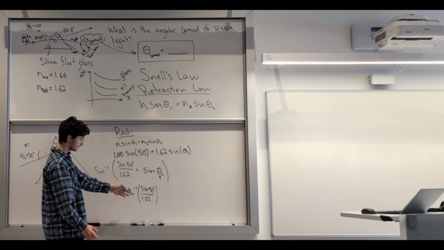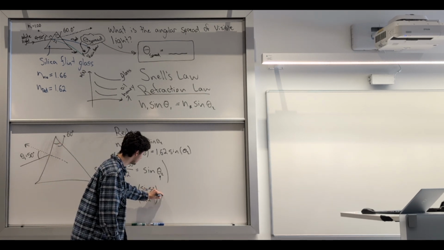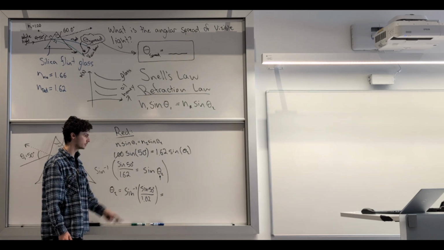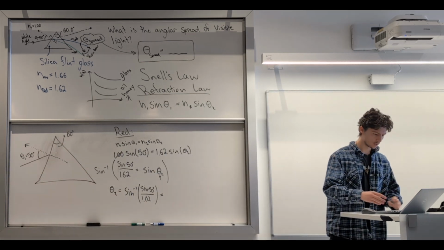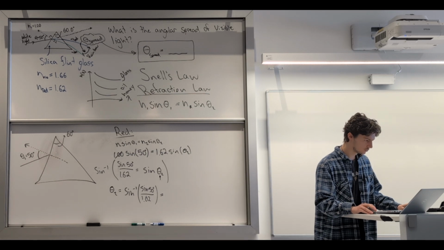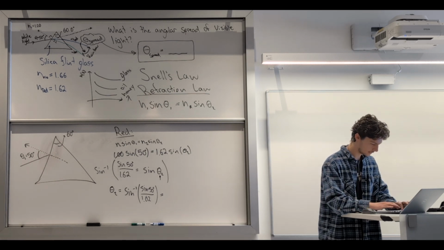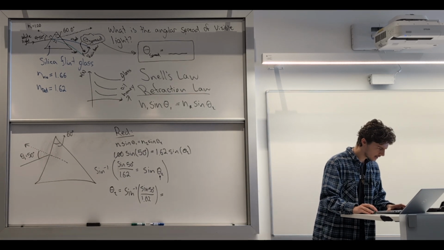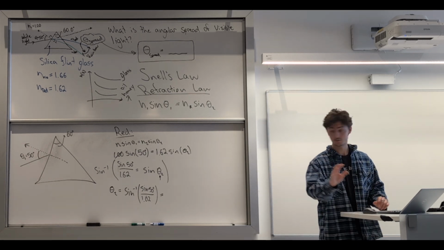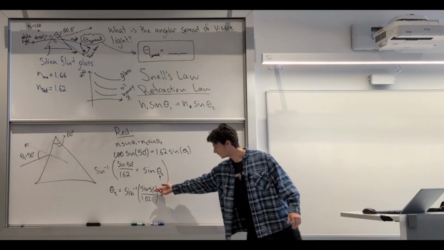Boom. And this I can plug into a calculator because everything I have is known. So let me pull up a calculator. Normally I use my phone, but now I'm going to have to use Google over here. Let's work in degrees. Make sure your calculator is in degrees because we have degrees right here.